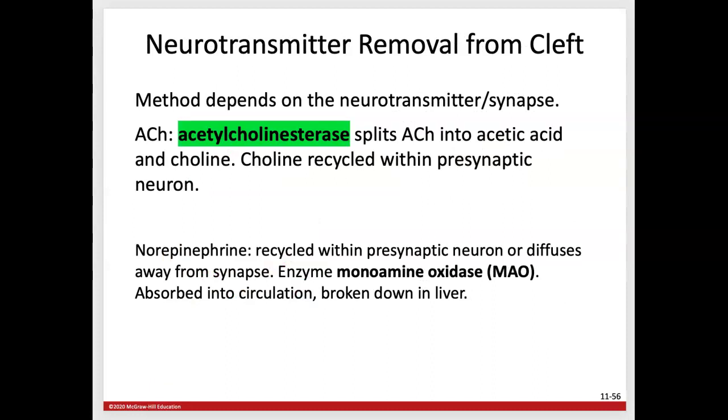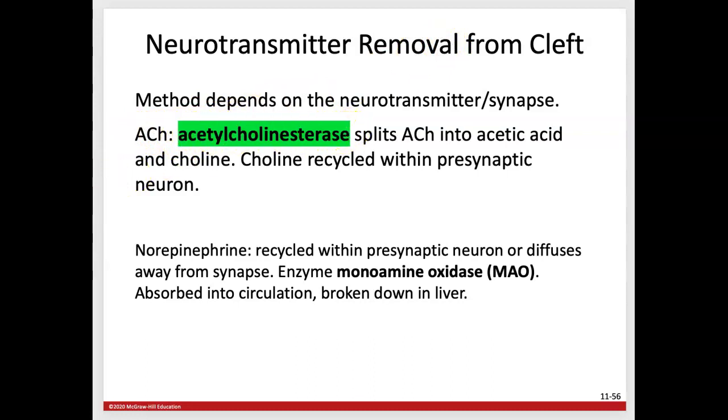One other topic that comes up in this chapter that I don't jump up and down about, but you do have to know, is how the neurotransmitter is removed from the synapse, or from the cleft. Acetylcholine is removed from the cleft by acetylcholine esterase.